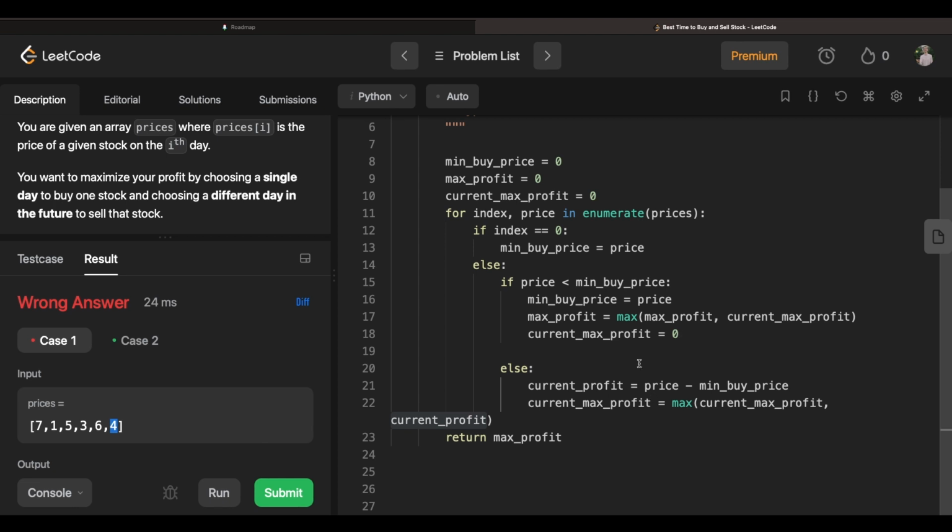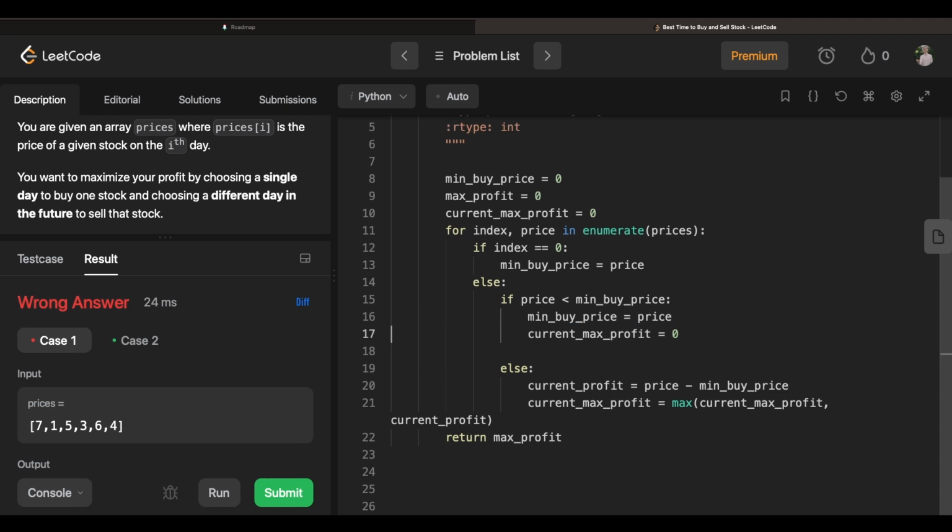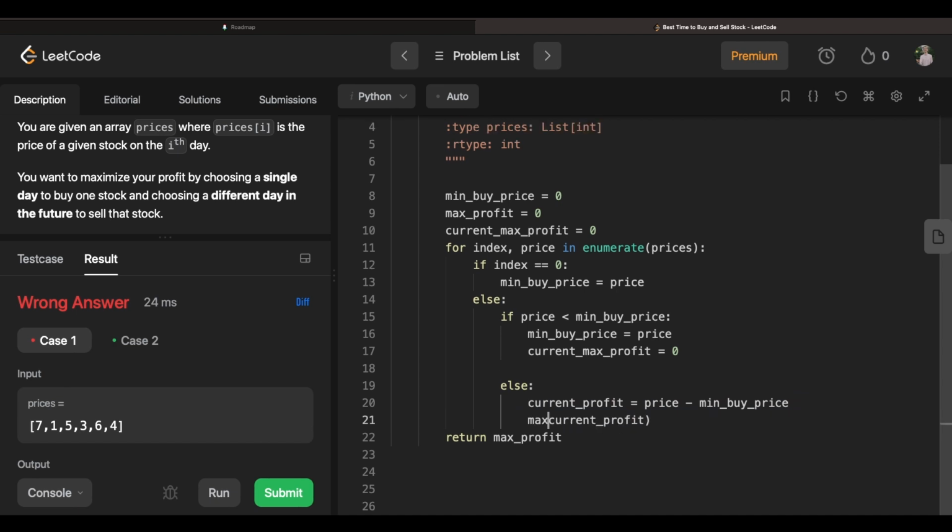So what I could do instead is just say, instead of doing this up here, we can just keep track of the max profit the whole time.